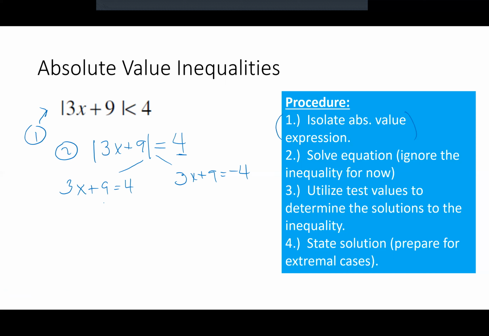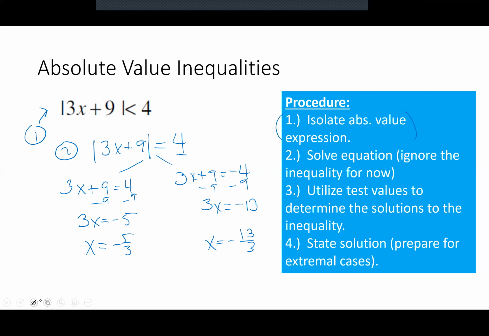All right, so we're going to subtract 9 from both sides. All right, divide by 3. Okay, so now we've got our solutions.